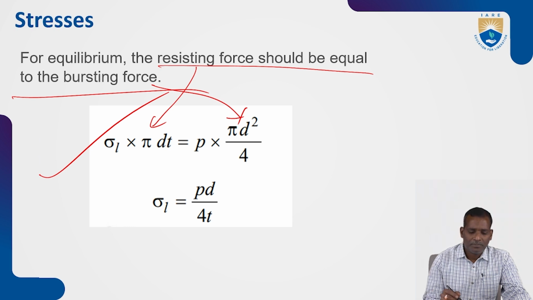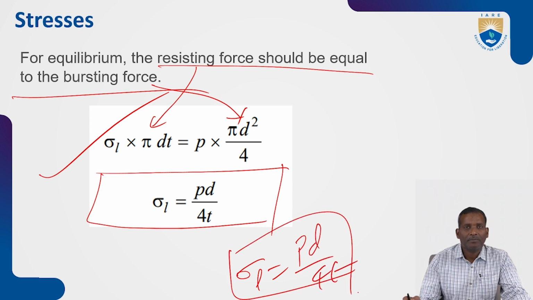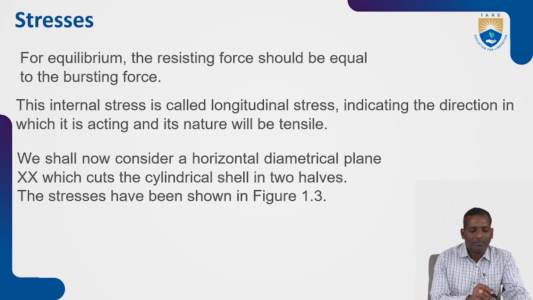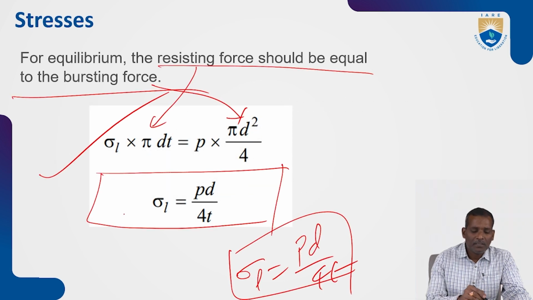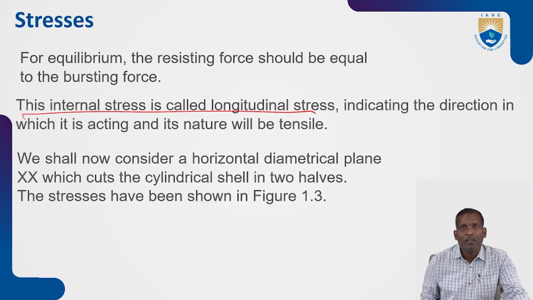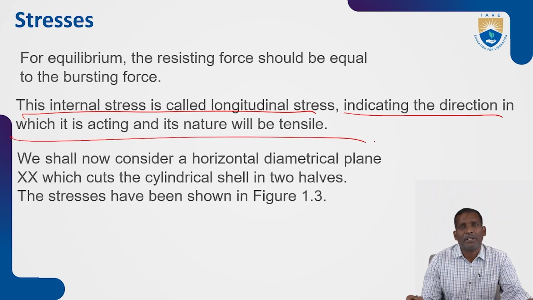So sigma L equals P d by 4 t. This is called the longitudinal stress, P d by 4 t, which is tensile in nature, indicating the direction in which it acts.